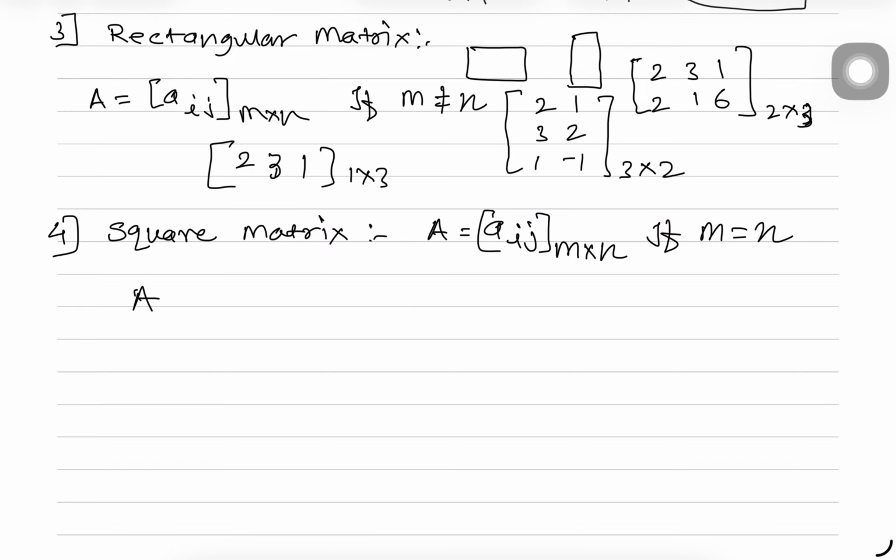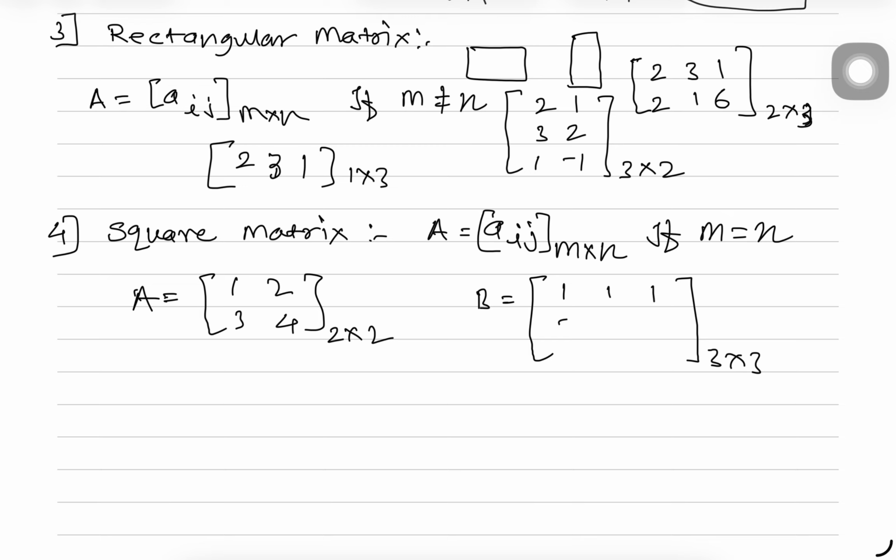For example, A is a 2 cross 2 matrix, or B is a 3 cross 3 matrix: 1, 1, 1, 2, 1, 2, 3, 2, 1. This is called a square matrix.